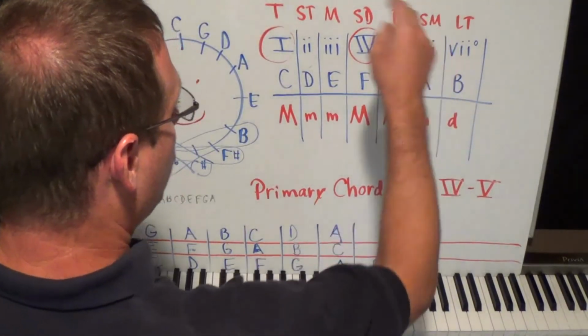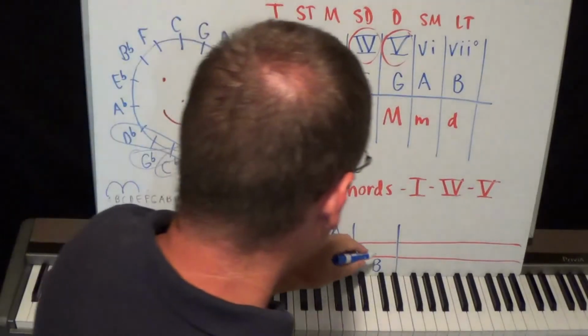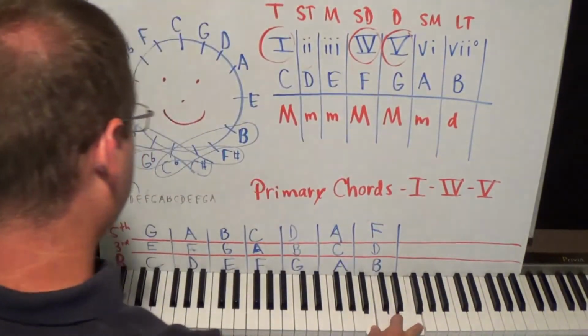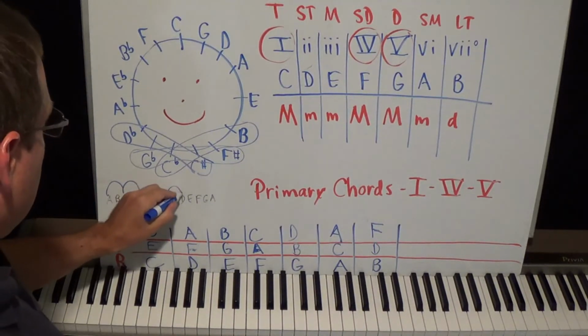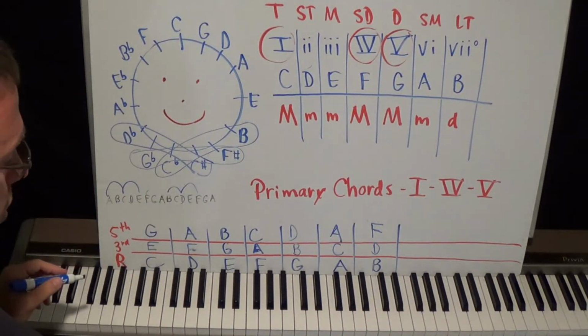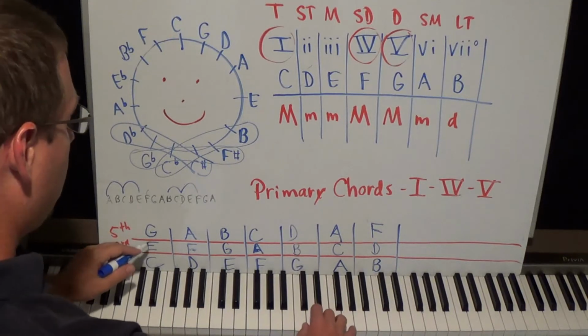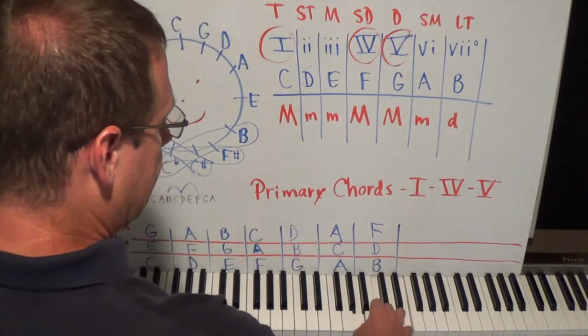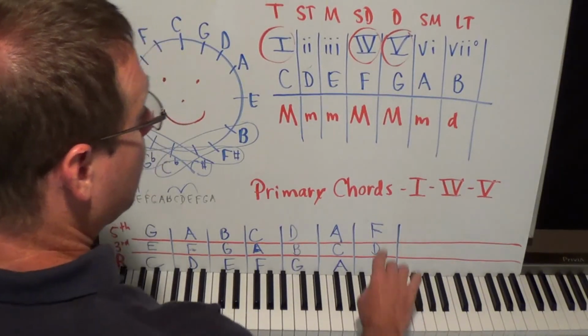Now we're going to get to the B chord, the diminished chord, and that's going to be B, D, F. So that's the diminished. So major 1, minor 2, minor 3, major 4, major 5, minor 6, diminished 7.